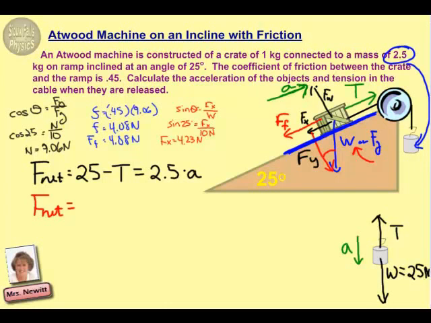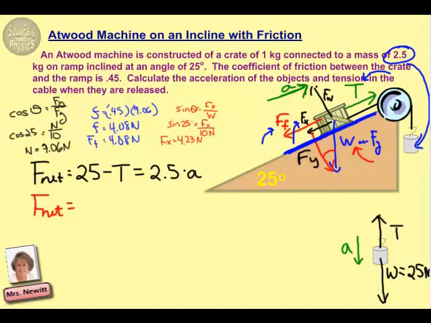So again, if we assume that our crate is traveling in the upwards direction on the ramp, then we would have three forces to account for in our free body diagram. We have the tension here, that's pulling it up. In the opposite direction, we have friction acting against motion. And this is an easy one to forget, but we also have a component of its weight that is also acting against that tension.